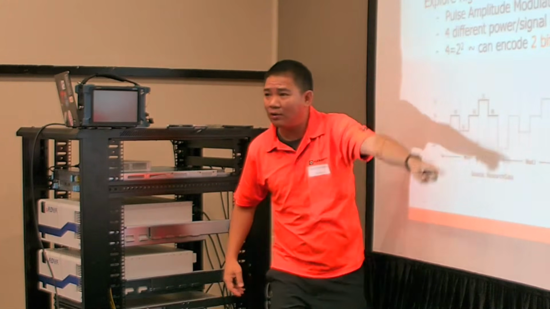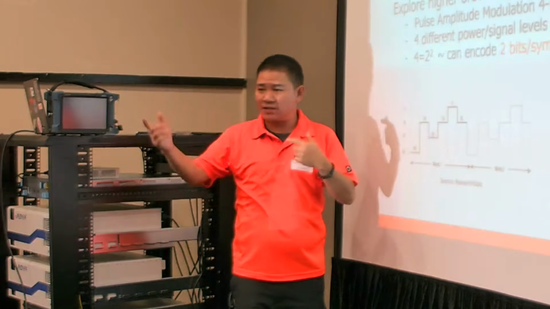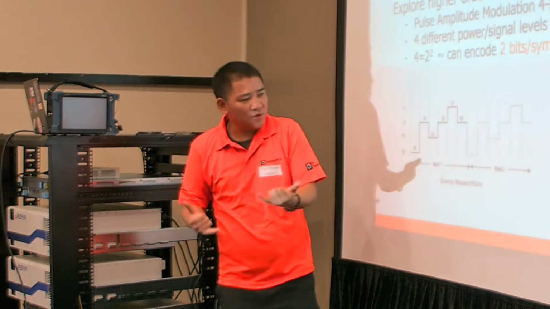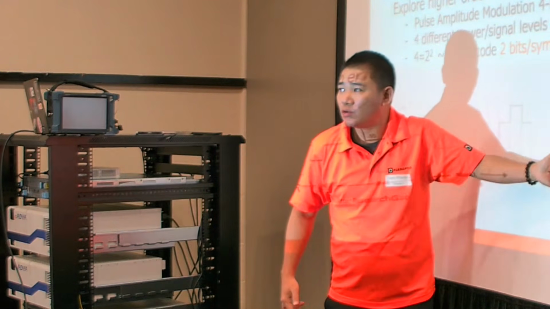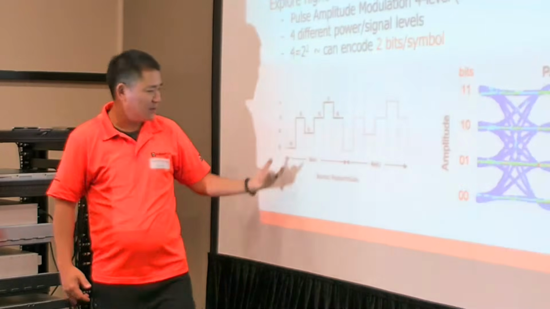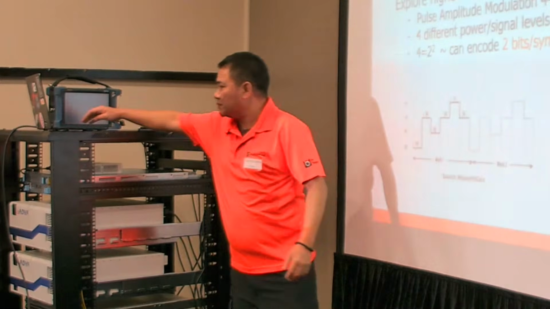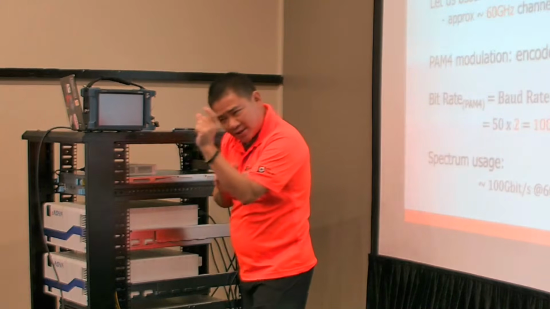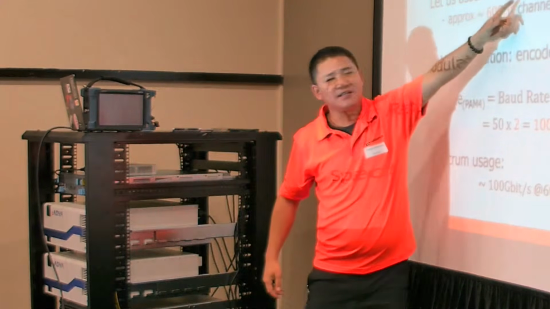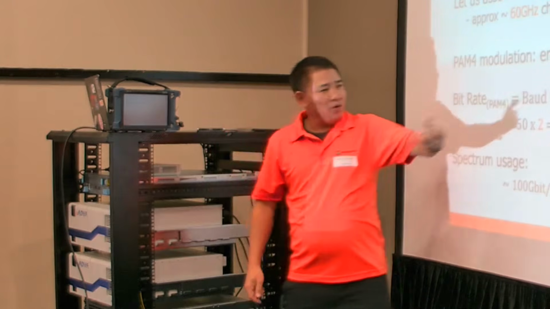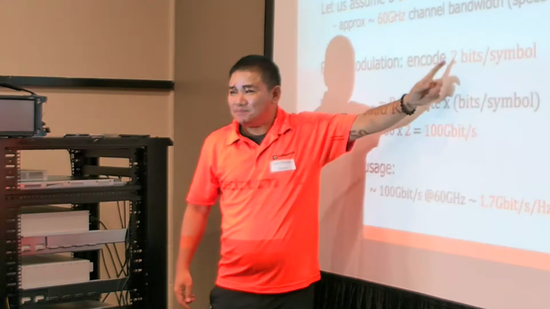There are 4 different power levels. That means with the receiver and me, our Morse code has become a bit more complex now, right? So I could encode at all these different levels, which means I can now encode 2 bits per symbol. What does that mean? For the same example that we used earlier, let's say we continue with our 50 gigabaud signal, we can encode now 2 bits per symbol.